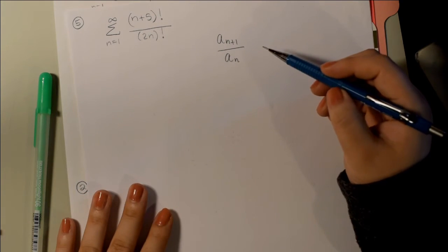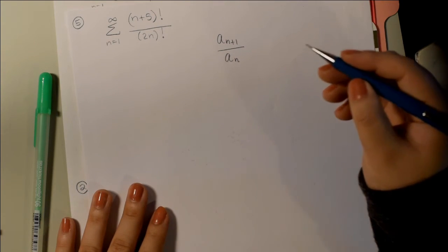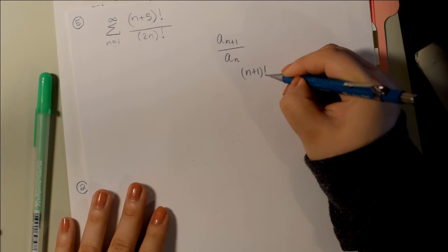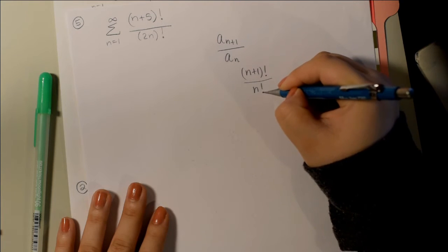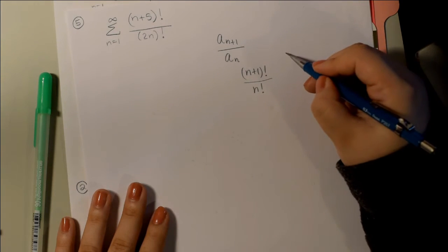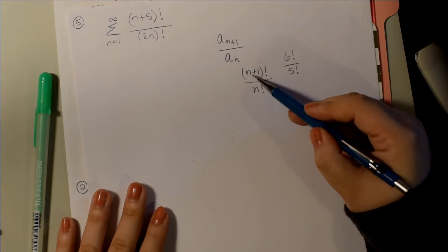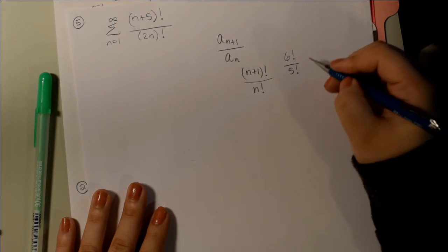When you divide factorials, things tend to cancel, such as n plus 1 factorial over n factorial. That's like if we were to do 6 factorial over 5 factorial, because n plus 1 is 5 plus 1, right?